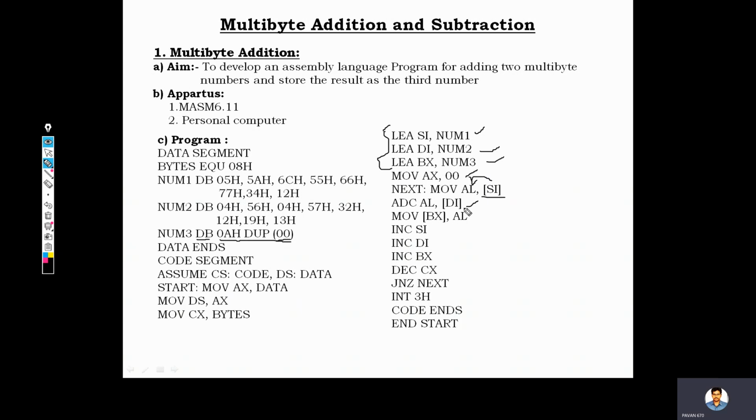By going into that address, I can obtain a value, and since the instruction is ADC, this value obtained through the DI-held address location will be added with the content stored in AL, and the result is also stored in AL. If there is any carry generation, the carry flag will be affected because of this arithmetic operation.